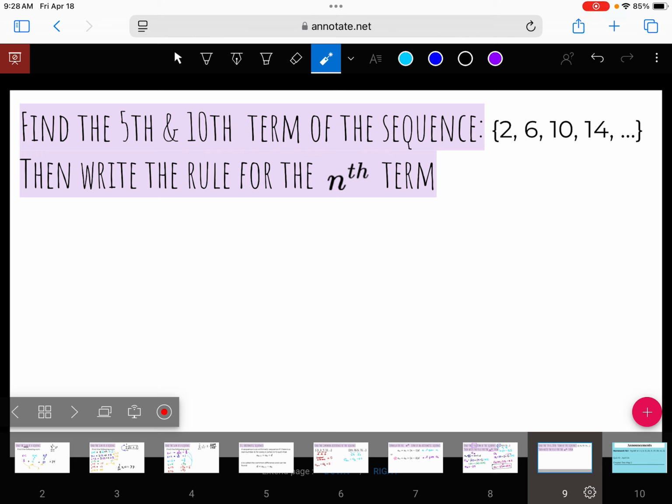So let's take a look at this one. Our sequence goes 2, 6, 10, 14.